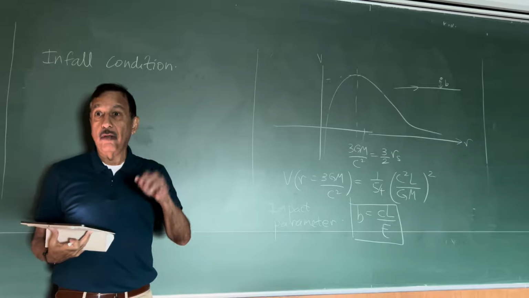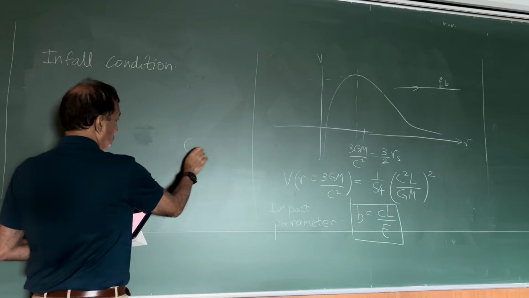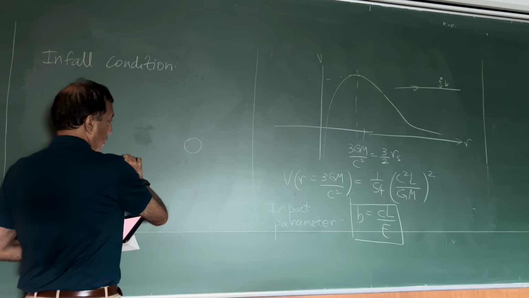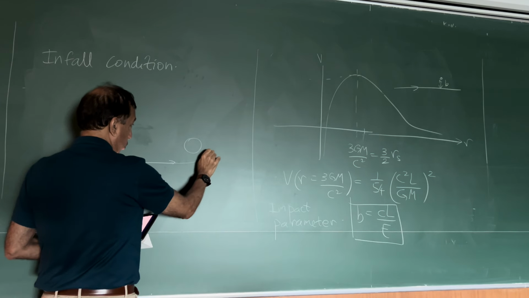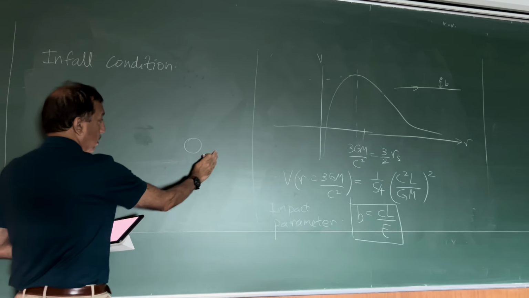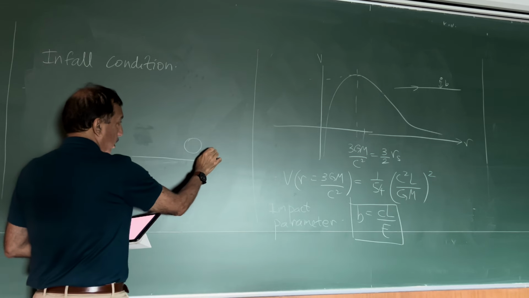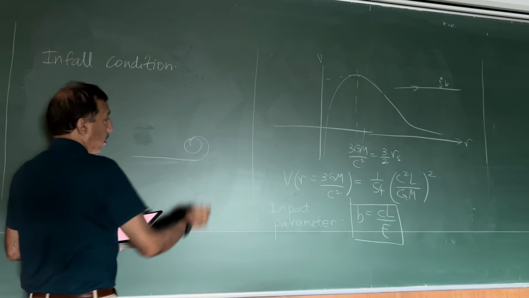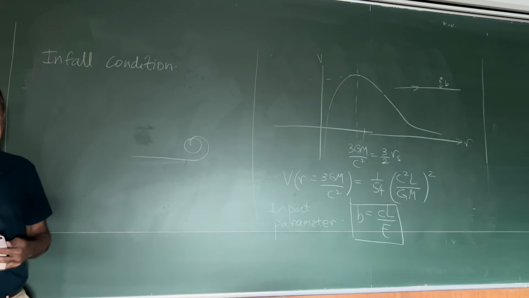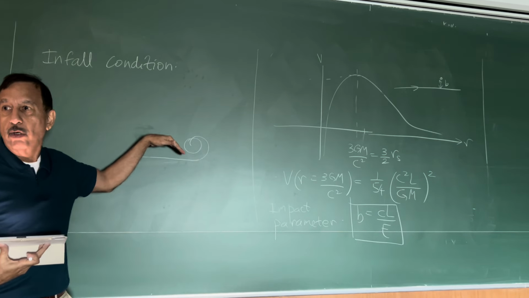If b is very small, what's the actual light ray or particle going to do? If it's coming like this at small b, it will bend round, and if b is really small, then it will bend round and it will eventually land inside. It's not going to go straight in, obviously, unless b is 0.